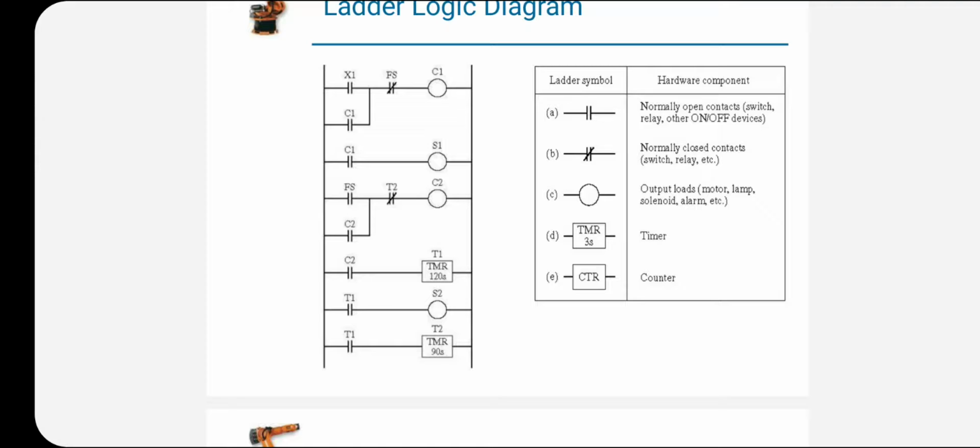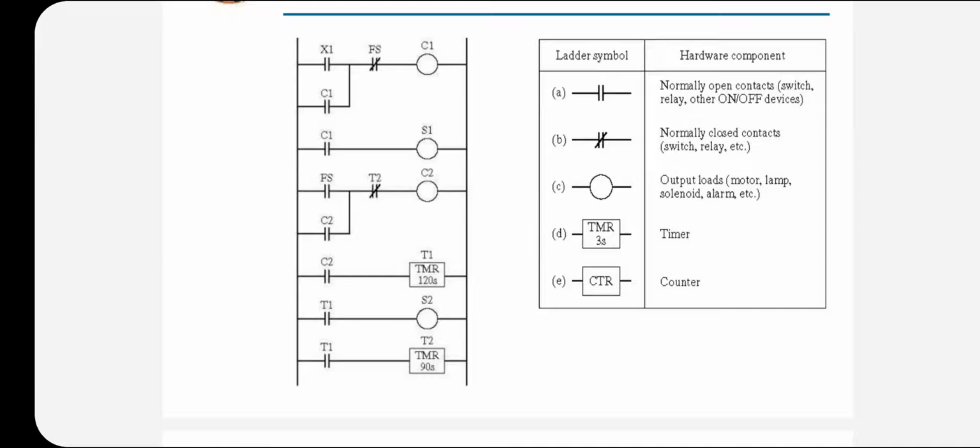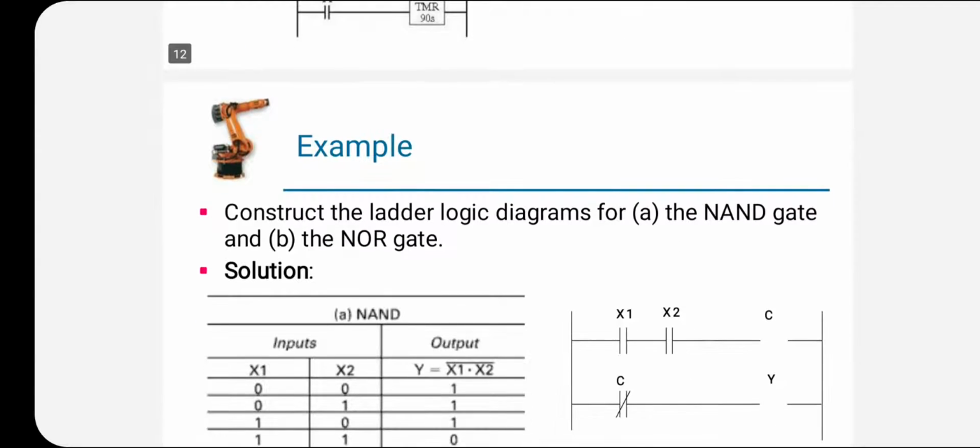Then the third, C, the circle symbol, is output loads: motor, lamps, solenoid, alarms are there. Then TMR, that is timers. Then CTR represents counters, which are also output devices. Okay, these are some symbols used in the ladder diagram.